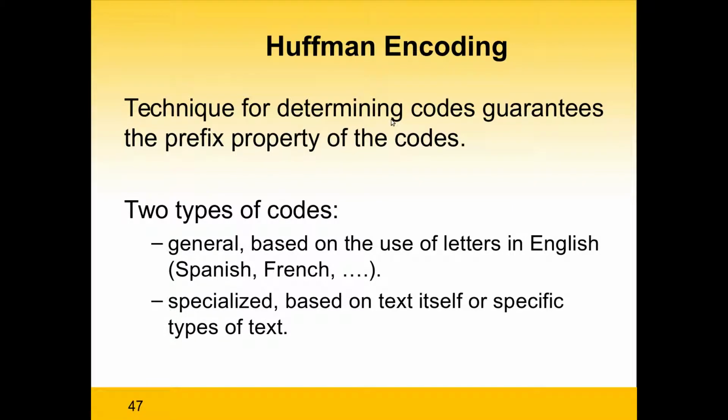The technique for determining codes guarantees the prefix properties of the codes. There are two types of codes: the general code and the specialized code. The general code is based on the use of the letters of the language that you want to encode, whether it's English, Spanish, or French, since the use of the letters will be different depending on the language.